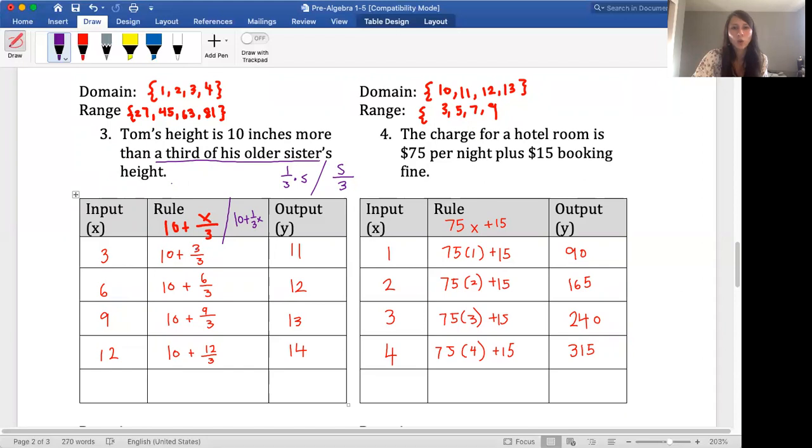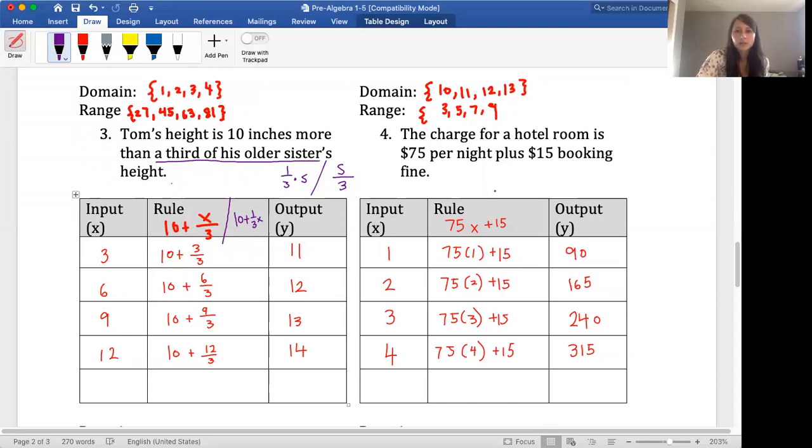So it's just a whole number. So 3 divided by 3 plus 10 would be basically 10 plus 1. 3 divided by 3 is 1 here. So these are my answers that I got when I used multiples of 3 going up to 12.